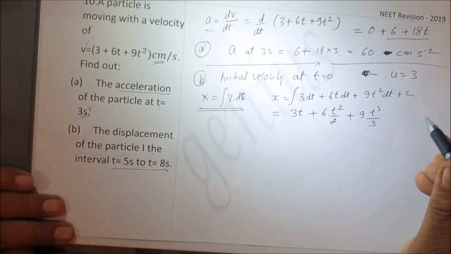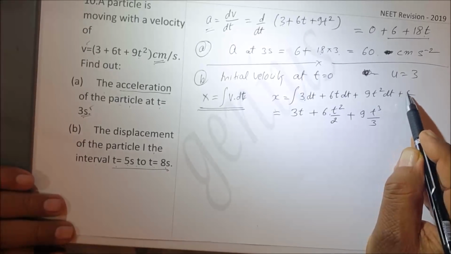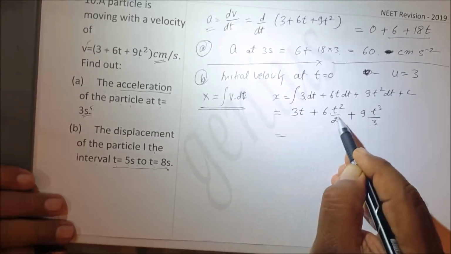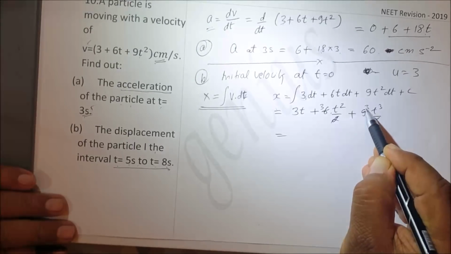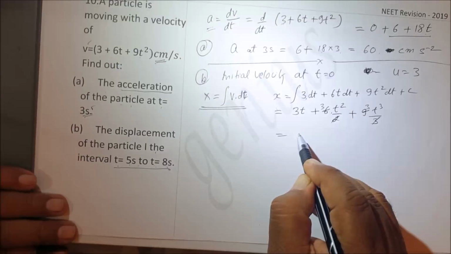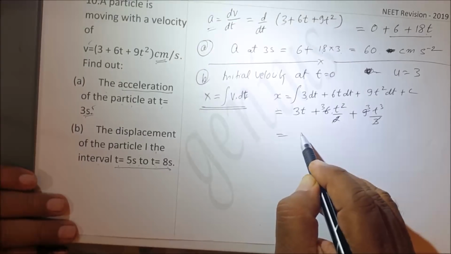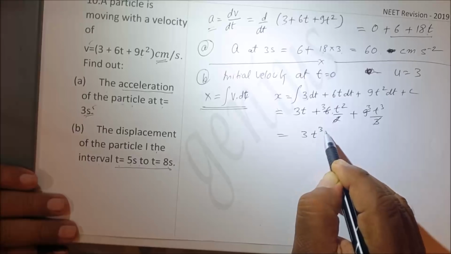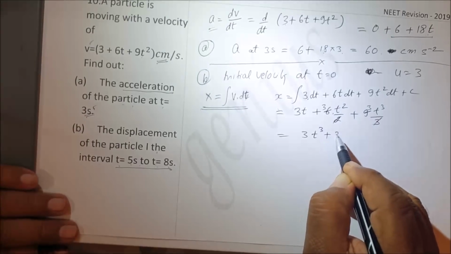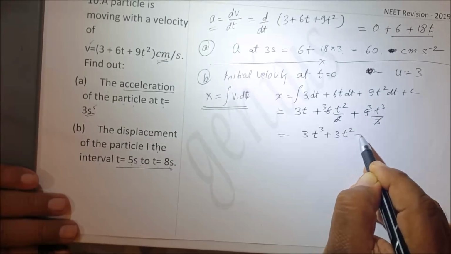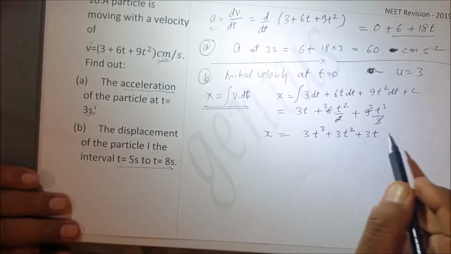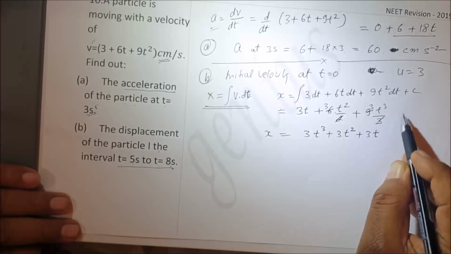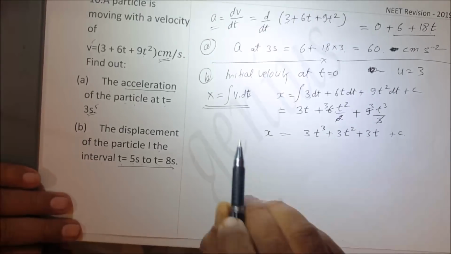So this comes to be 2 3s are 6, 3 3s are 9. I will write it straight: 3t cube plus 3t square plus 3t is equal to x, plus constant.